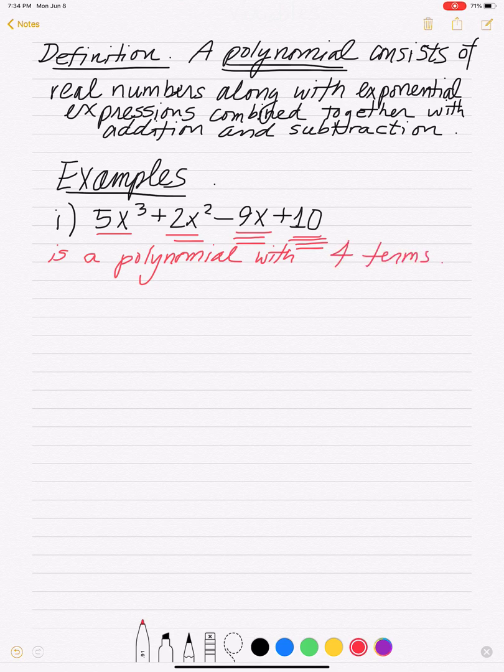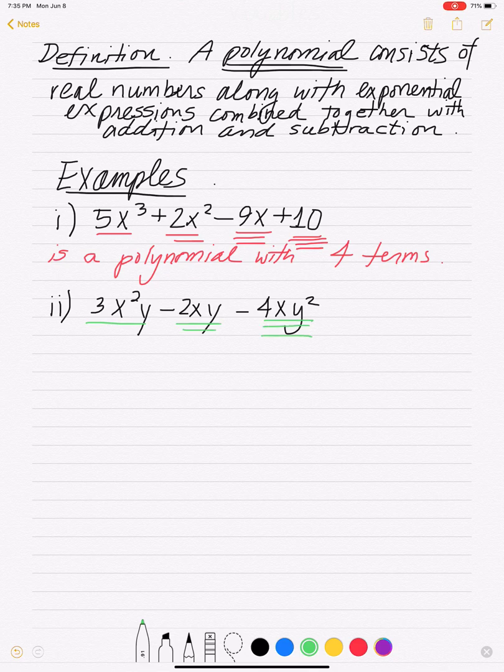All right, so that's an idea of what a polynomial is. Notice how you have those 4 different terms and they're connected by either addition or subtraction. All right, here's another situation: 3x squared y minus 2xy minus 4xy squared. So this is another polynomial. You have your first term, your second term, and your third term.